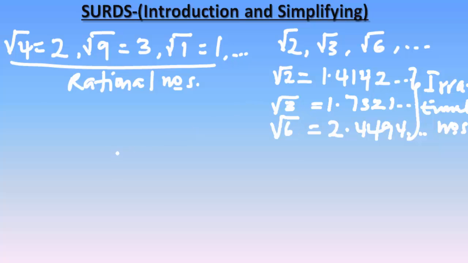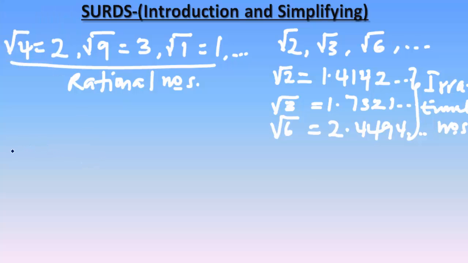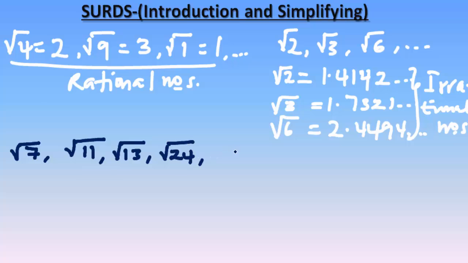Okay, so we can just give an example of surds. For example, we have root of 7, root of 11, root of 13, root of 24, root of 32, root of 27, and so on.